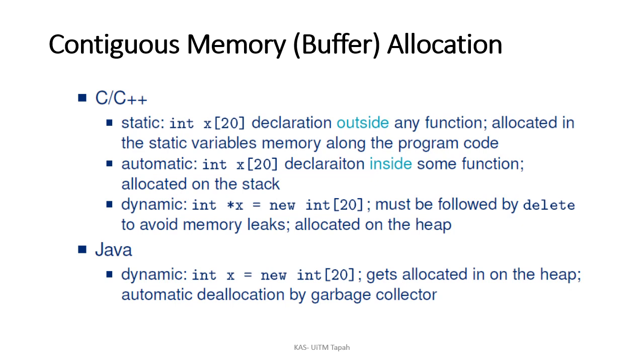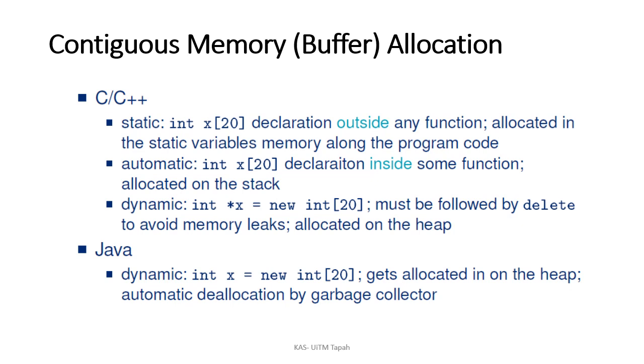Okay, when you are declaring your buffer, the variables, your array buffer is declared outside any function with the static variable memory along with the program code. So kalau static, kalau automatic, you insert some function. Then dynamic, it is followed by delete to avoid memory leaks allocated on the heap.